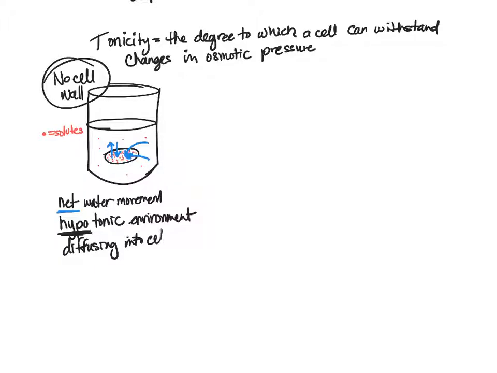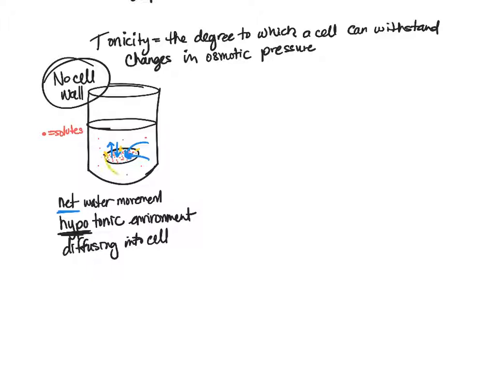So now if we have no cell wall, what we end up seeing is, in this situation, see, I put lots and lots of solutes inside the cell, not very many solutes outside the cell. We see lots of water rushing into the cell. And in this situation, water would keep rushing in and keep rushing in until the cell bursts. And so because there is no cell wall, this cell will actually have holes in it, because it's just going to burst.